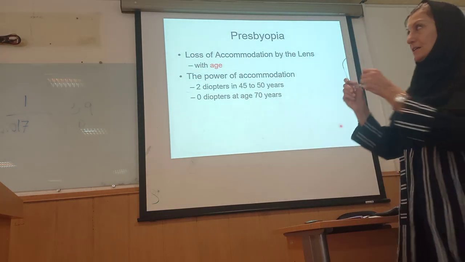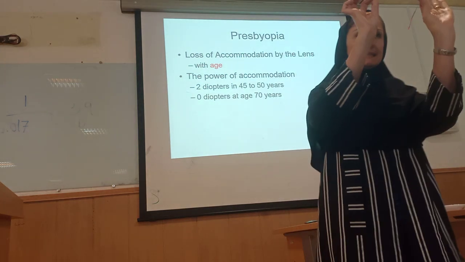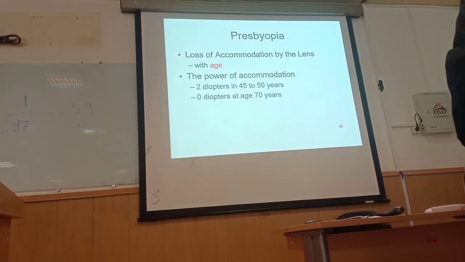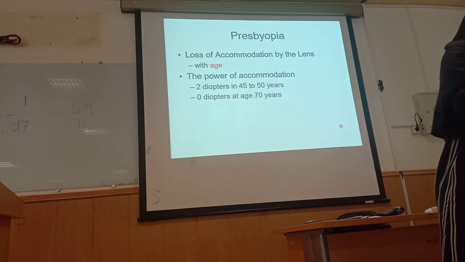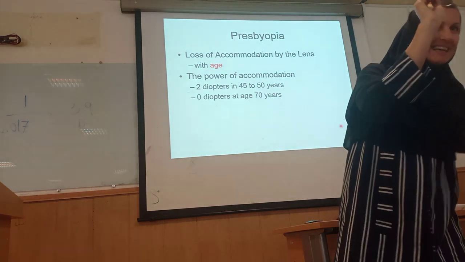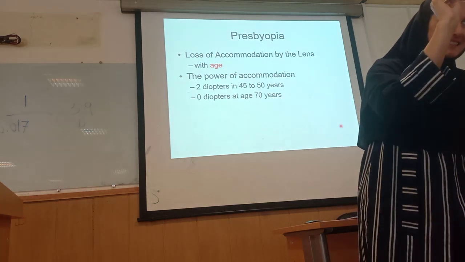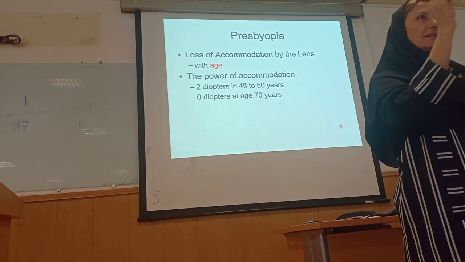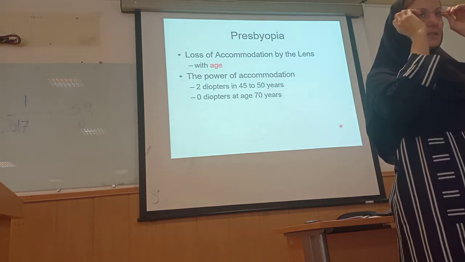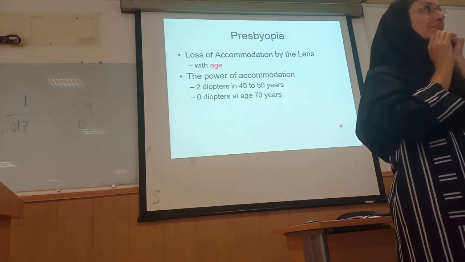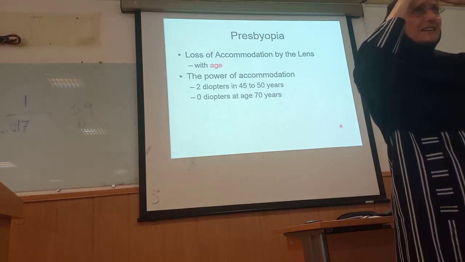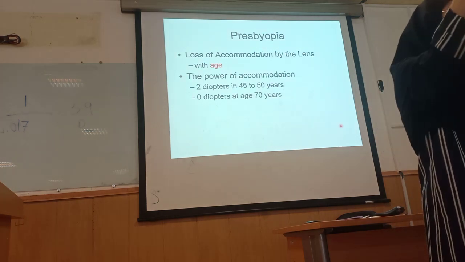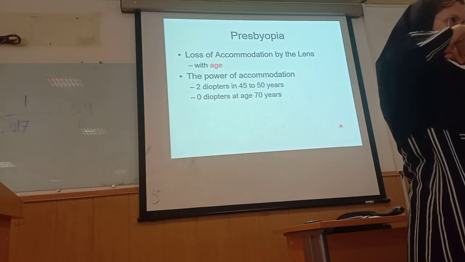That's why many individuals need glasses that are bifocal. I mean, here is convex and here is concave. For me, what is this? Here is concave because I don't see far things.